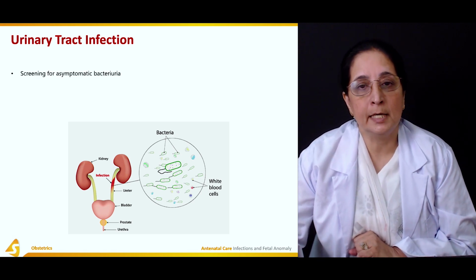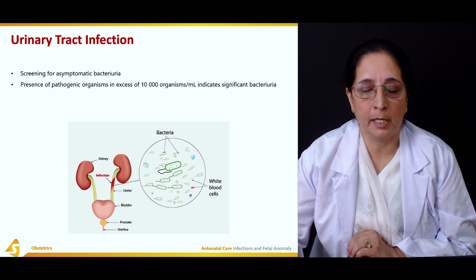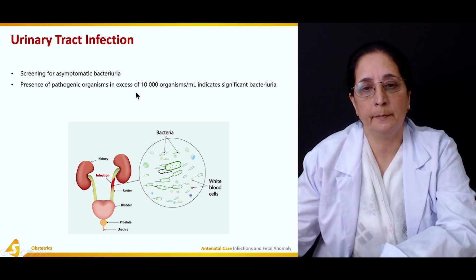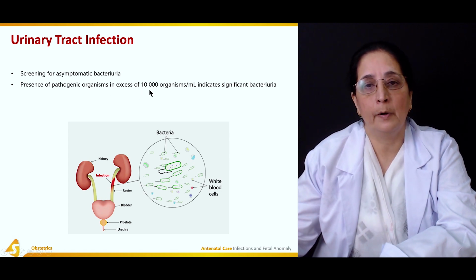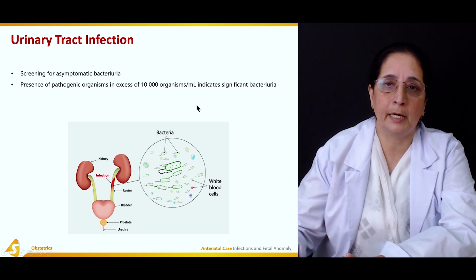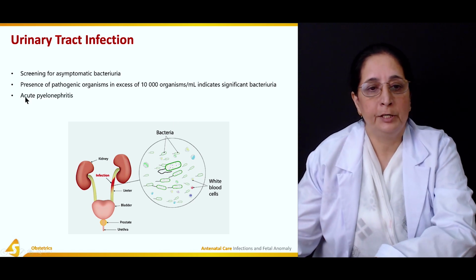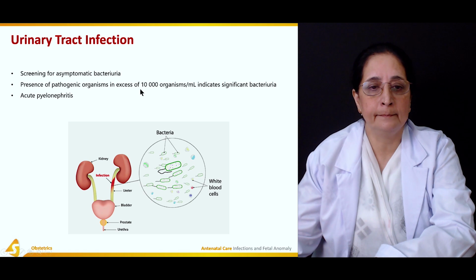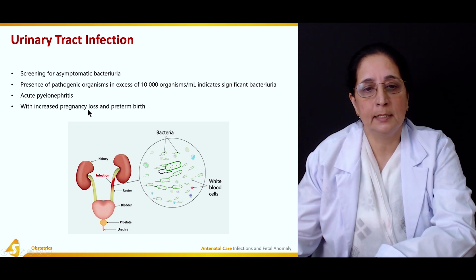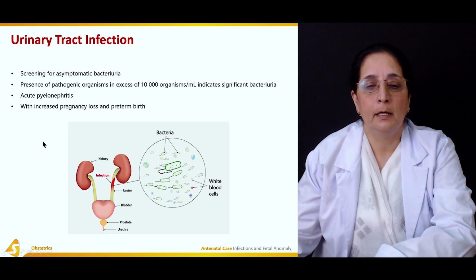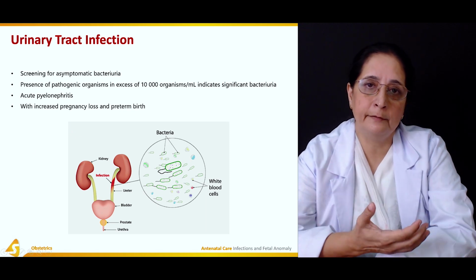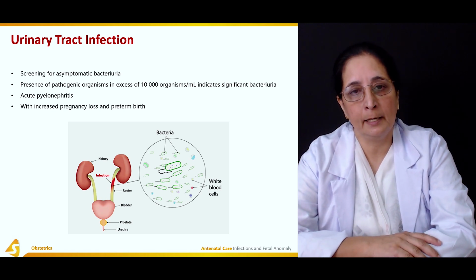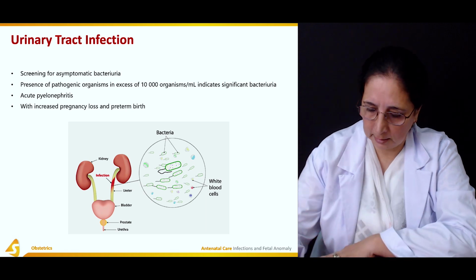So screening for asymptomatic bacteriuria, without any symptoms, and usually presence of pathogenic organism in excess of 10,000 per ml usually indicates bacteriuria. Acute pyelonephritis, which is inflammation of the pelvis of the kidney, is associated with increased pregnancy loss and preterm birth. So any extensive urinary tract infection leads to fetal death and preterm birth and pregnancy loss.